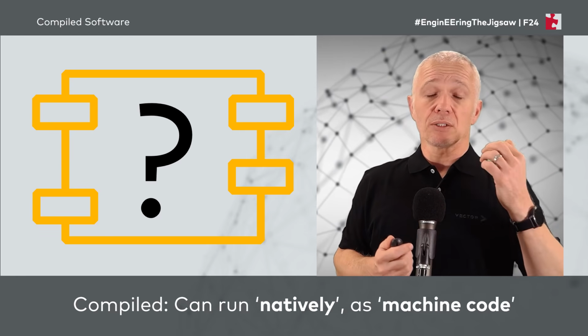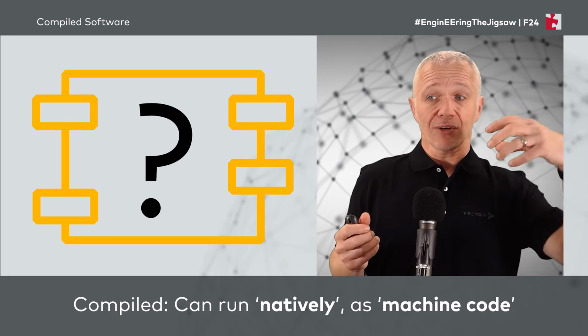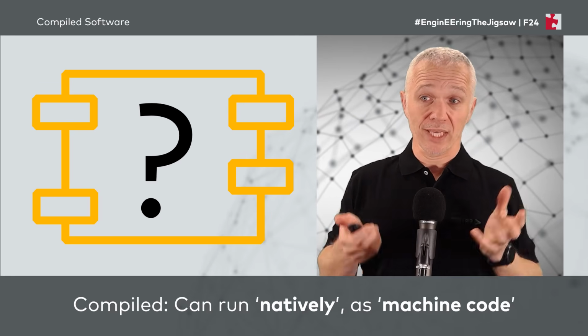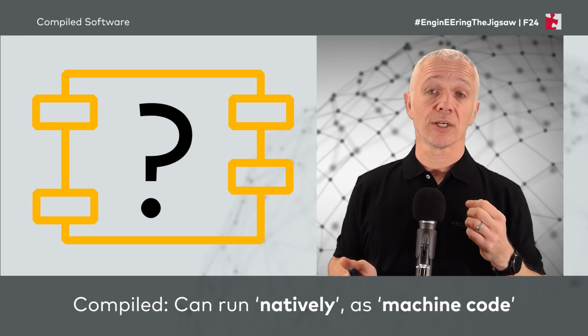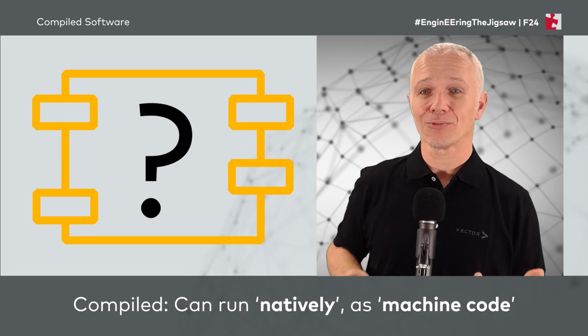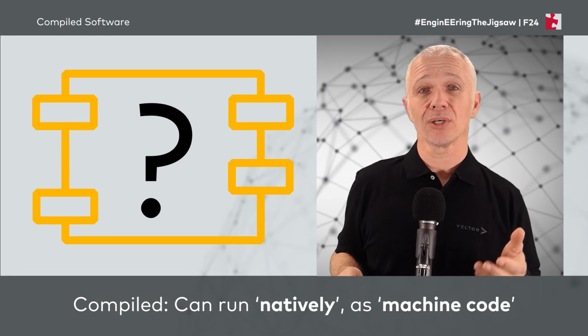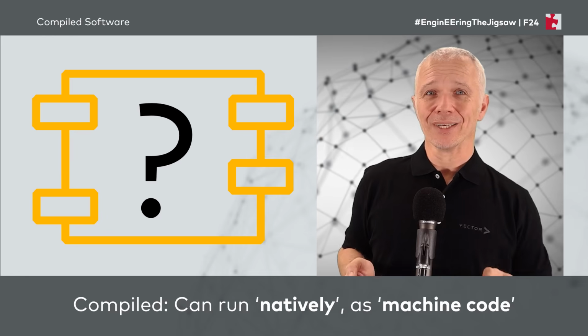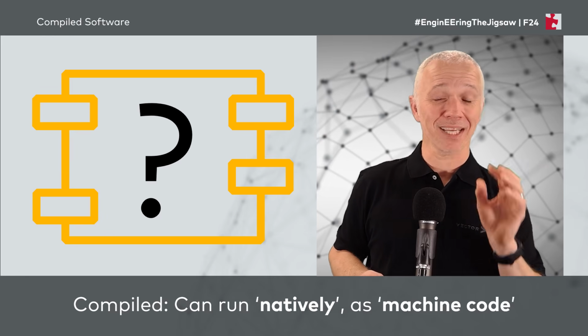So the advantages of this are clearly it runs directly on the hardware, the microcontroller or microprocessor. This is what native means, and it is able to run quickly. And also with compiled software, you can achieve predictable or deterministic behavior. You can also not achieve it, but it is possible to achieve it. That's the main thing.